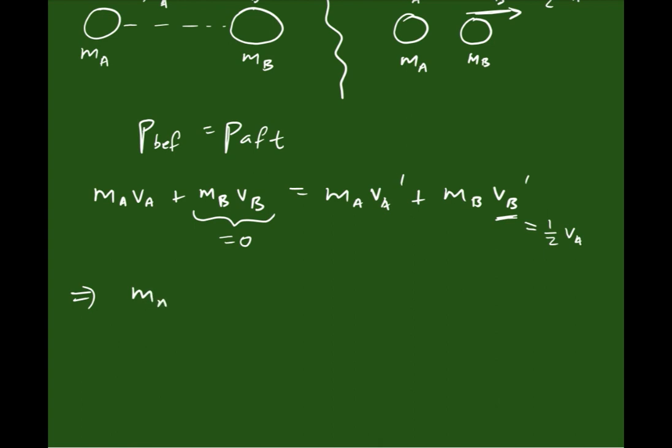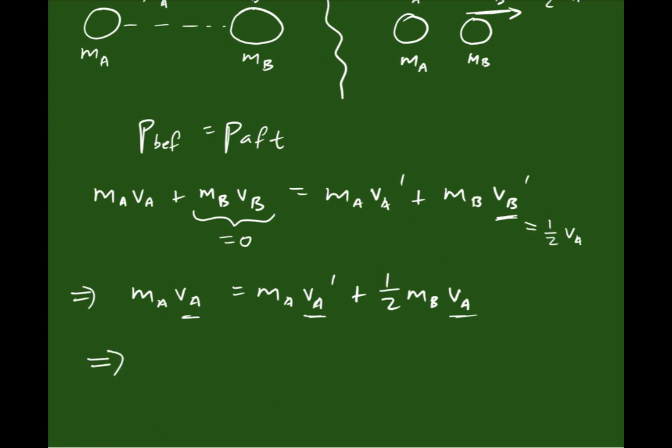So now we have mass A VA is equal to mass A VA prime plus a half mass B VA. Now the thing is, we've got two unknowns here: VA prime is unknown and VA is unknown. So two unknowns but only one equation, so we can't solve the system. We're going to need another equation. But before we create another equation, let's make VA prime the subject of the formula here.